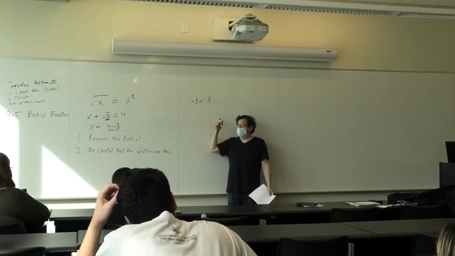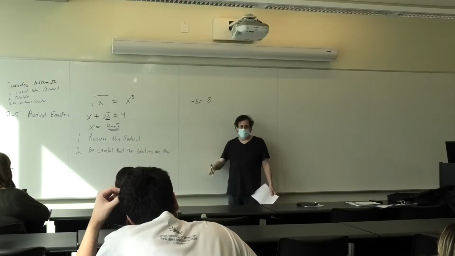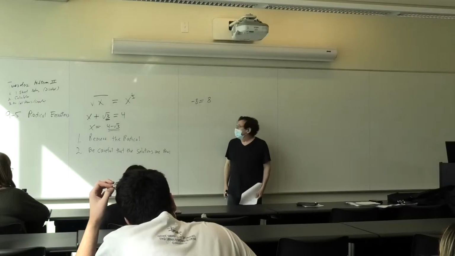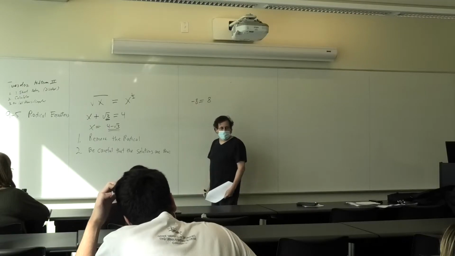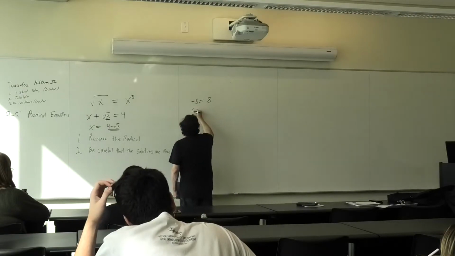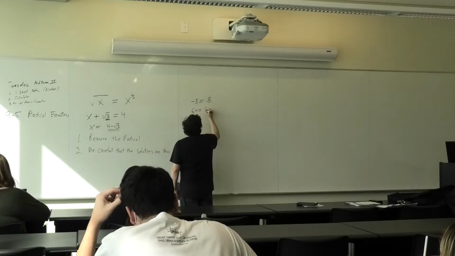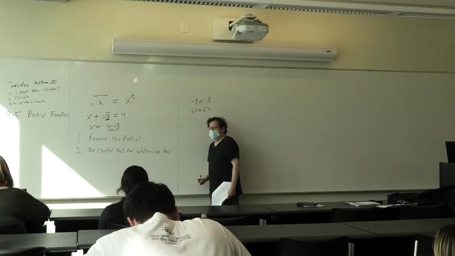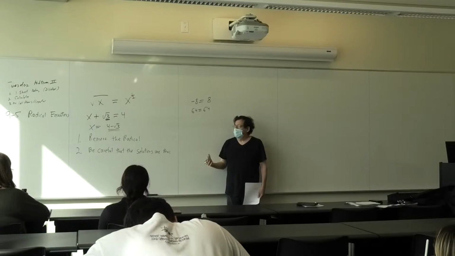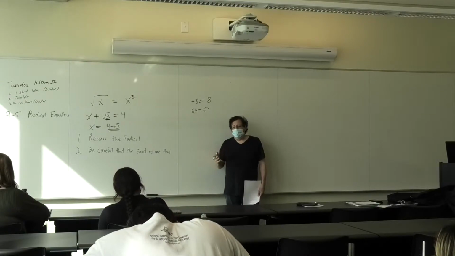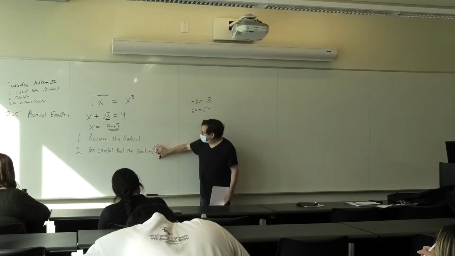This is a false statement. It's not true. But if I square both sides of this equation, I get 64 equals 64. That's a true statement. And that's really at the heart of this.